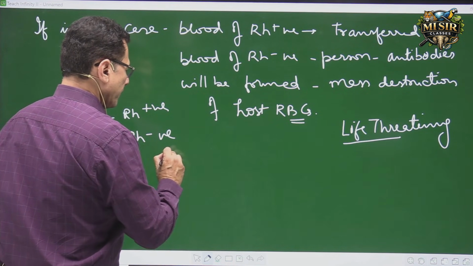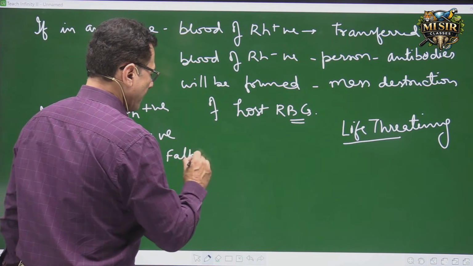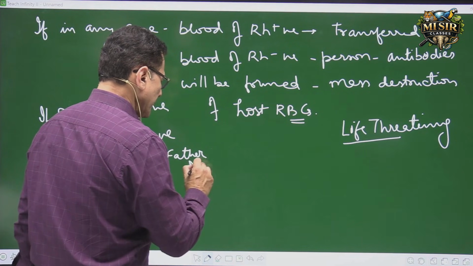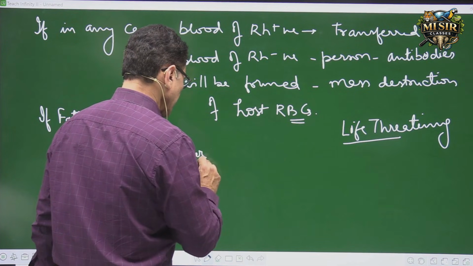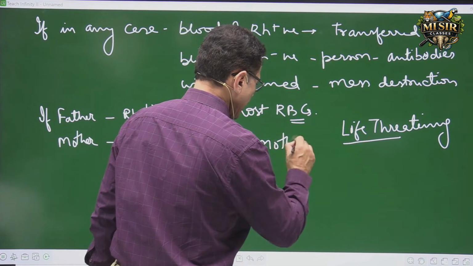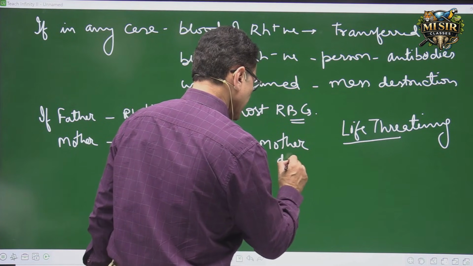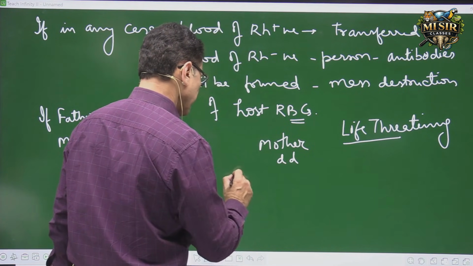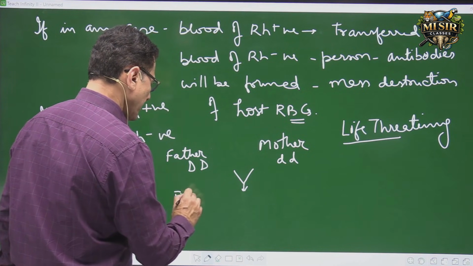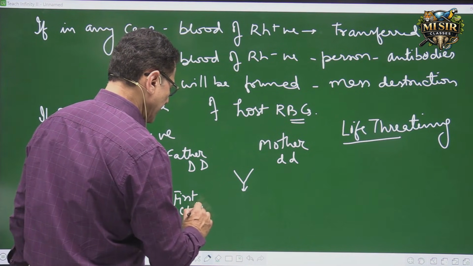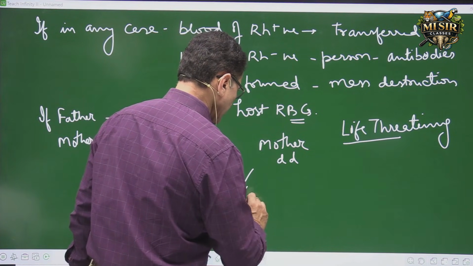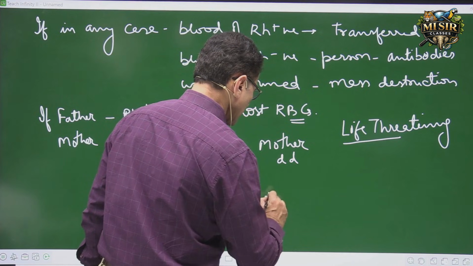In this case, the father's genotype, suppose capital D capital D, and the mother having genotype of small d small d, the first child is definitely going to be RH positive.